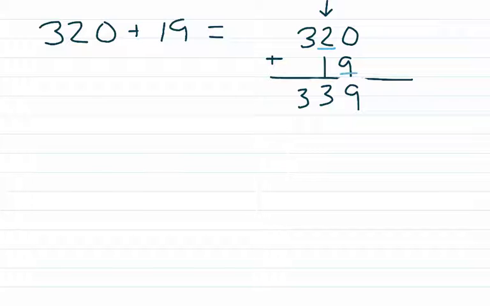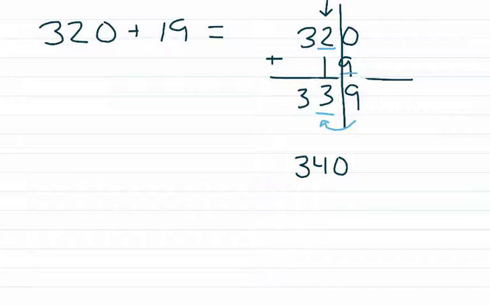We want to round this number so that it ends in the same place as the least accurate number, which we decided was 320. So since the last significant figure of 320 was this 2 in the tens place, we will round our answer to the tens place here. So 339 rounded to the tens place is 340.